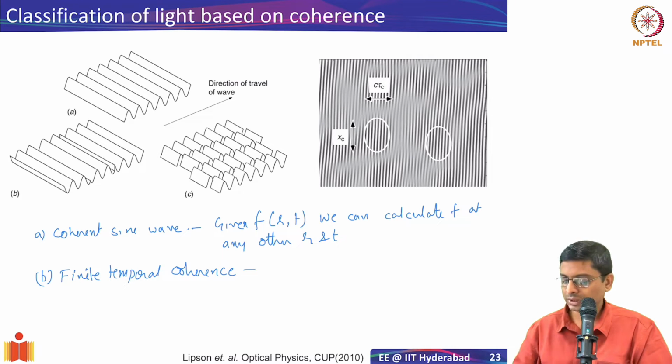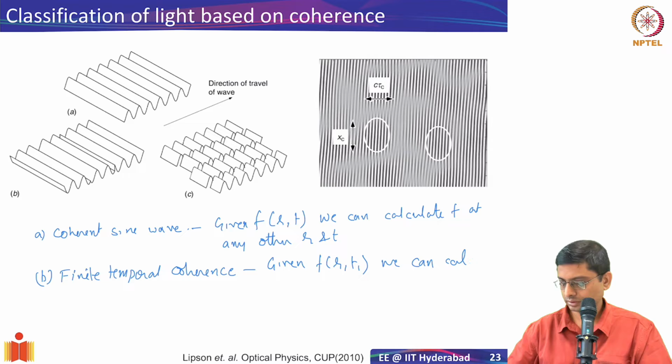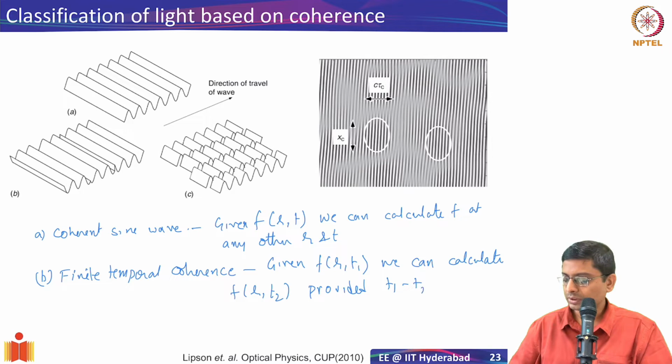Suppose at a time t1 you are given f of r, you can estimate f of r at a time t2, provided t1 minus t2 is less than tau c, which I'll call the coherence time.